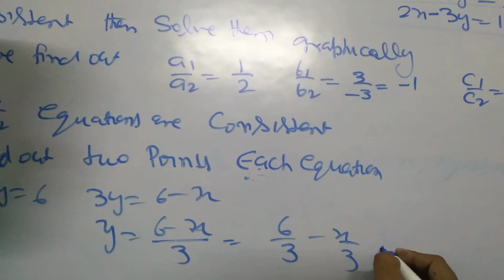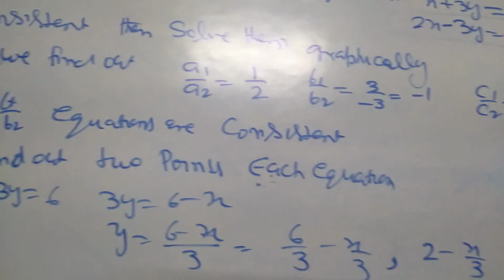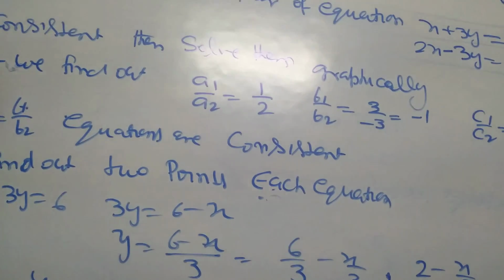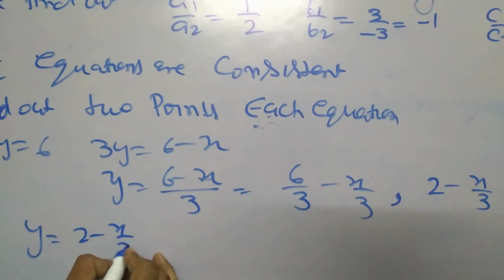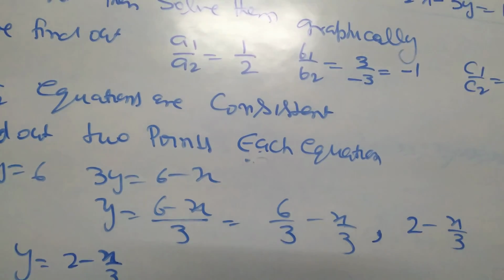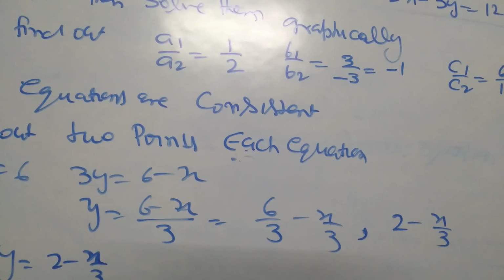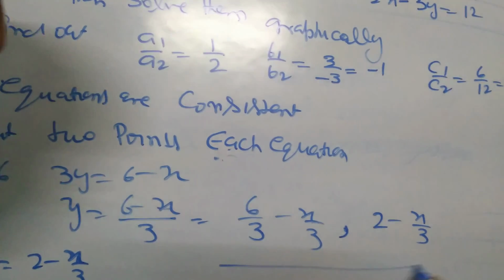We get 2 minus x upon 3. This is the value of y in the form of x. Now put x equal 0 and 3.